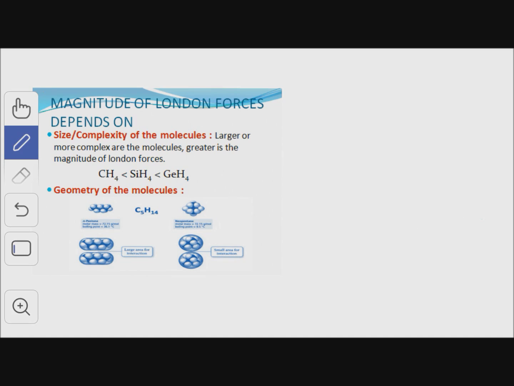For example, in case of N-pentane, this is N-pentane, which has a straight chain.